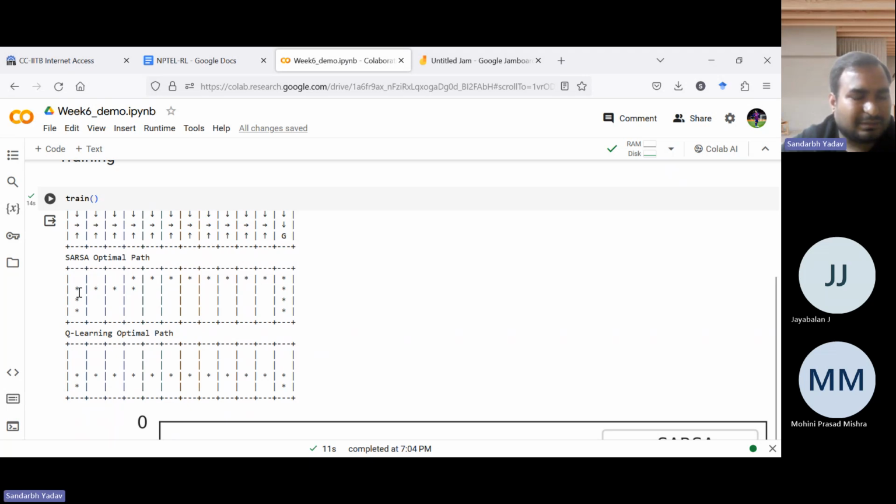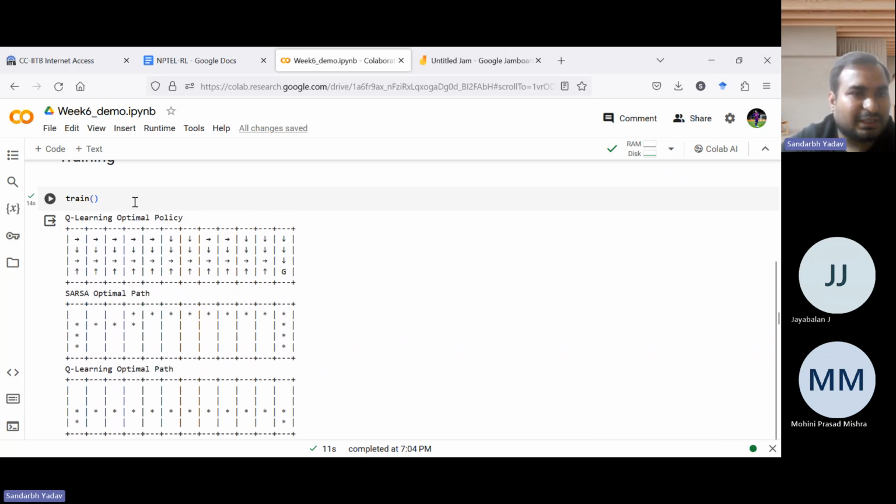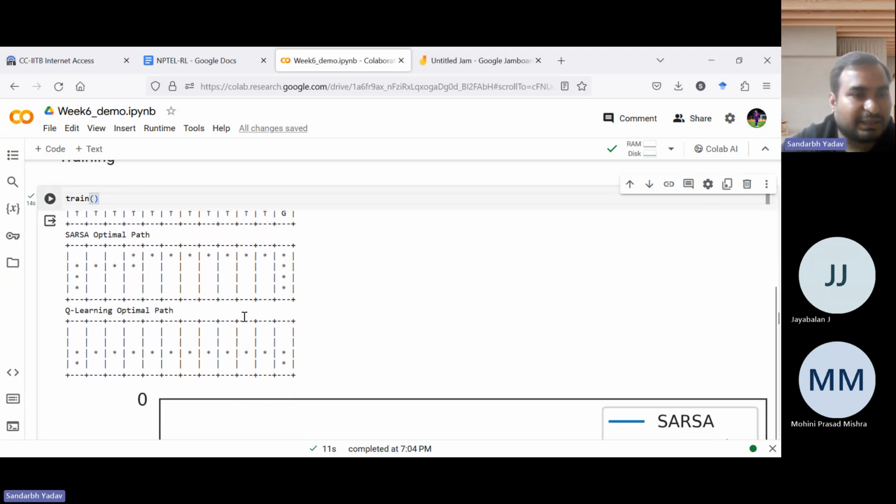Here, it basically depends on how the episodes have been sampled. If you run this again, maybe I'll run it again, SARSA might take an even safer path, like it goes to the extreme. Even in these two, it goes here. So it basically depends on the episodes. Since I am using 500 episodes, it converges like this. In another 500, it might converge to the exact safer route.